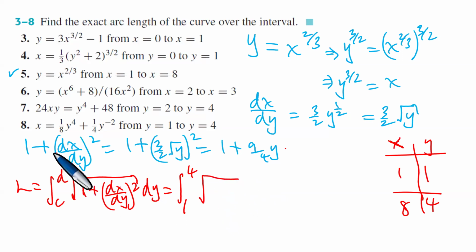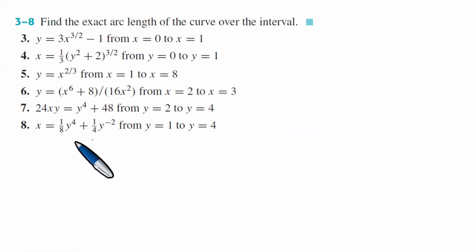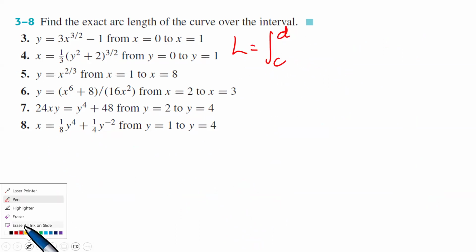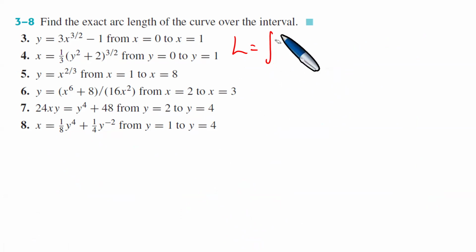The square root of 1 plus dx/dy squared, it's 1 plus 9 out of 4 y, then you have dy. Okay, we just need to integrate this one, something similar to what we saw already. So if we integrate now, perform the integral using formula 5, let's forget about c to d. We've already seen that one.